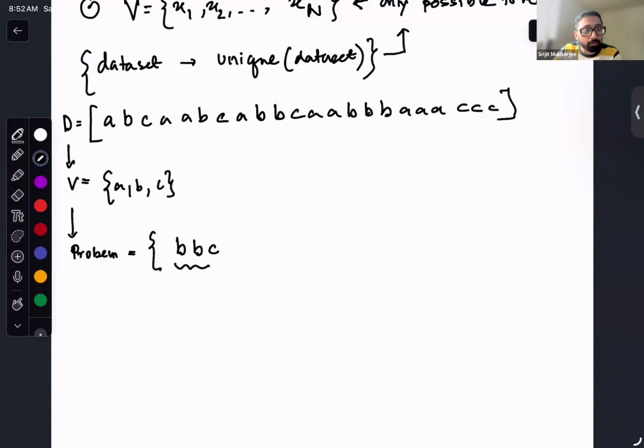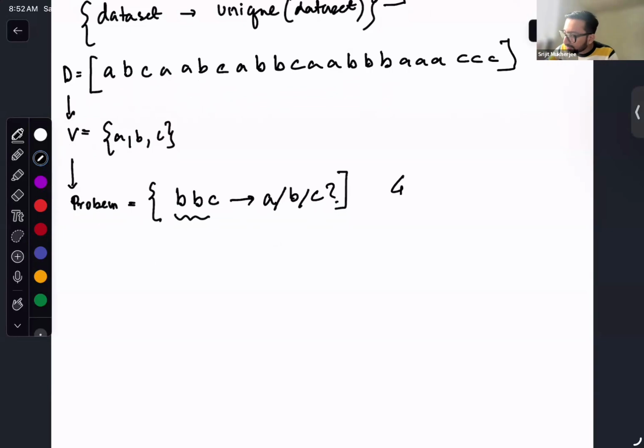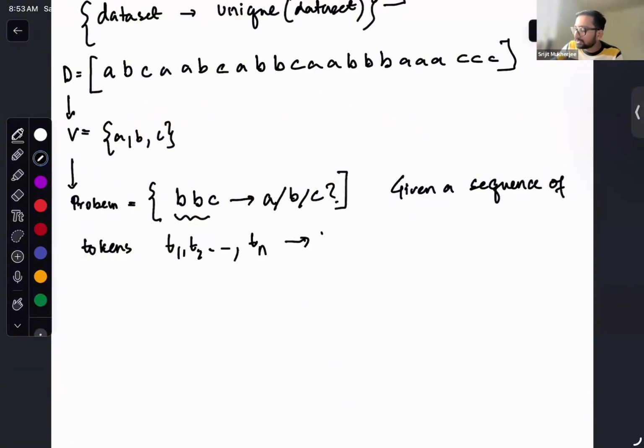What is the most probable token after this? A or B or C? So it's BBC A, BBC B, or BBC C. Which one is it? How do you model this, guys? That's what the whole problem statement is: given a sequence of tokens T1, T2, up to Tn, what is Tn plus 1?